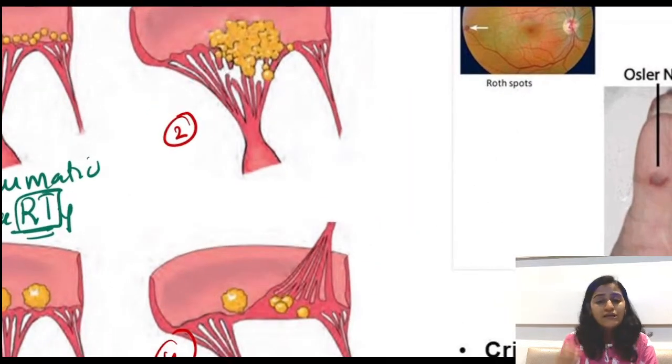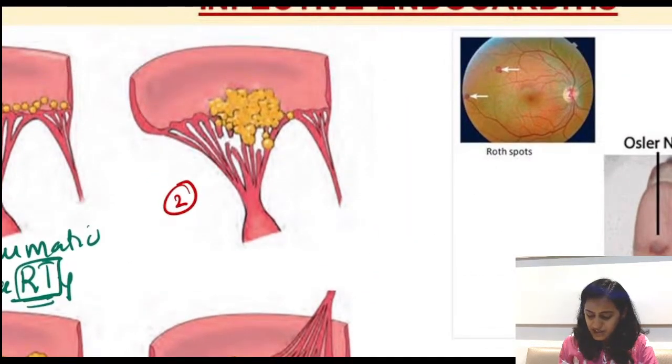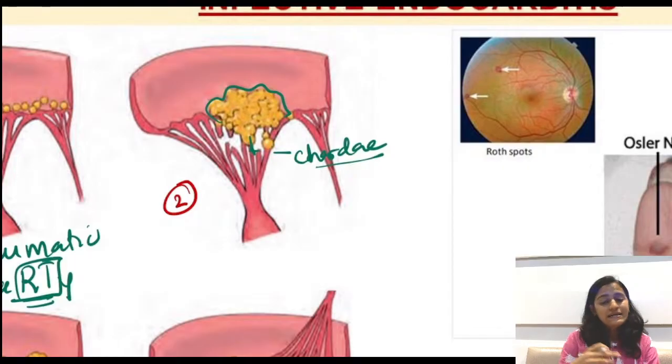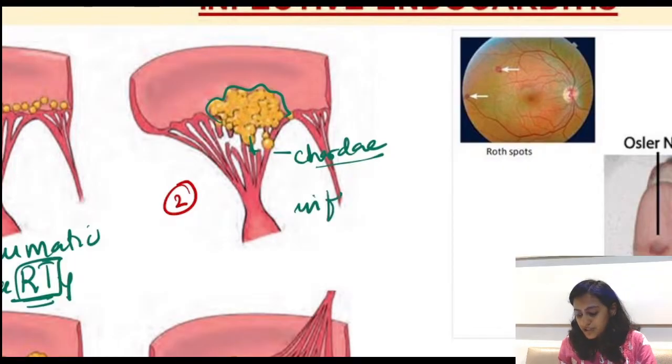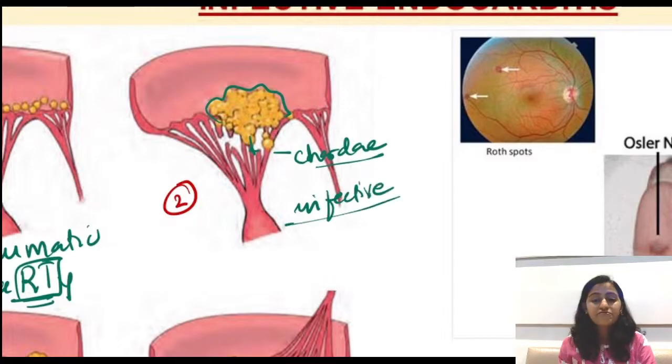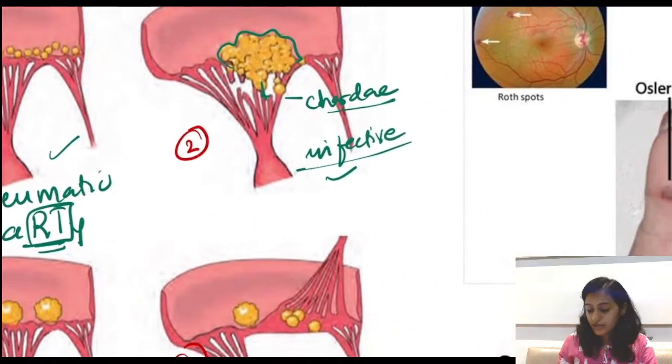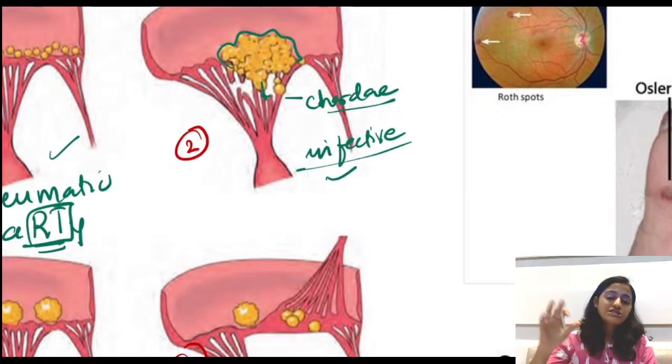Yes, very good. Logically thinking, when you have vegetations which are so large, which are going to the chordae tendineae also, that means it is infection. That means that this is infective endocarditis. This is rheumatic endocarditis, this is non-bacterial thrombotic, and this is infective endocarditis. So remember that infection can spread everywhere, so the infection is the one which will go to the chordae tendineae.